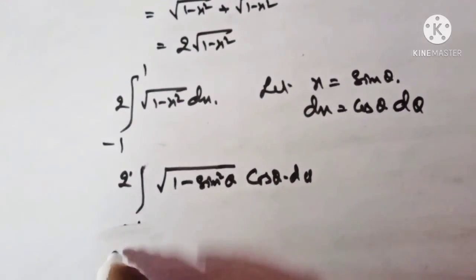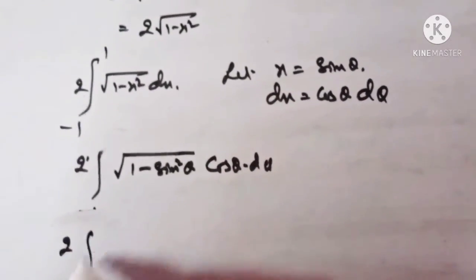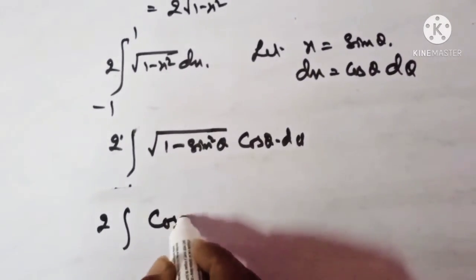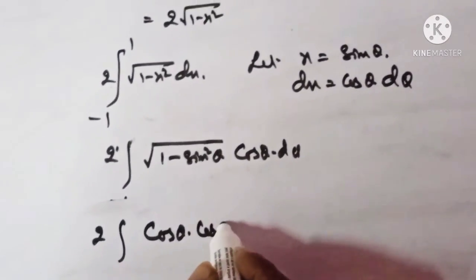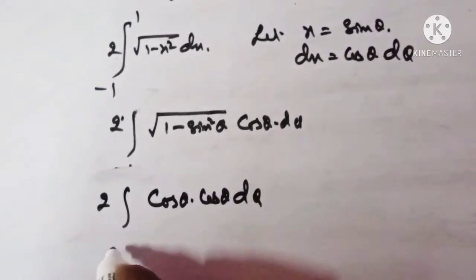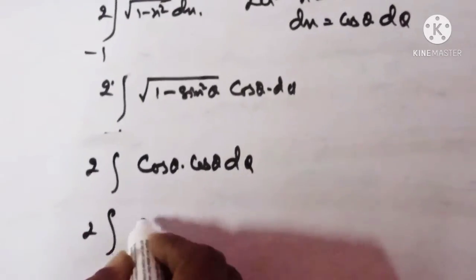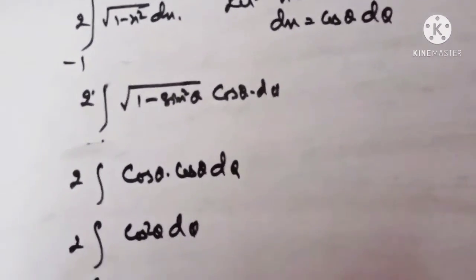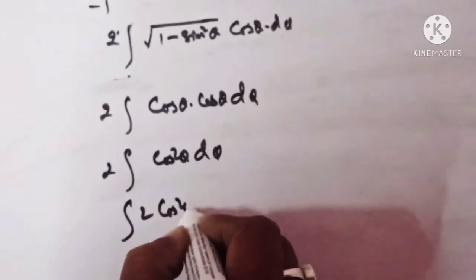So this comes out to be 2, this is cos square theta, cos theta into cos theta d theta. So this will become 2 cos square theta d theta.